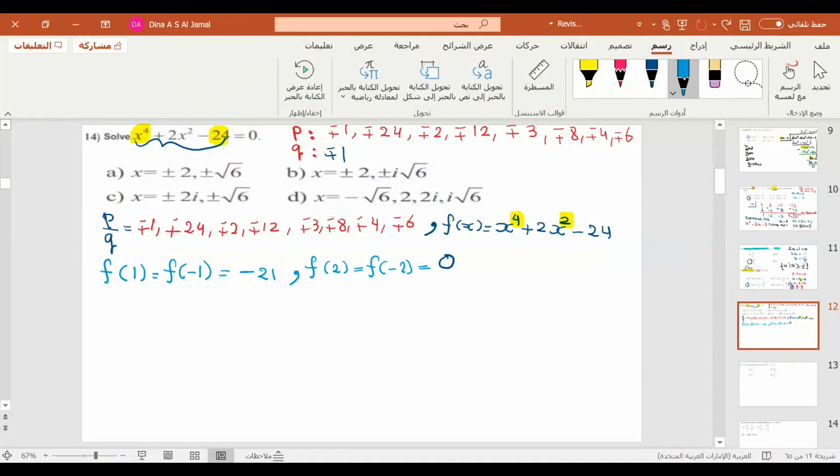That means x equal to 2 and x equal to minus 2, both are factors. So we will be using this information to find the other factors. That means let's cancel from now some of the answers. So we are having 2 and minus 2. That means we will be canceling from now option C and option D.